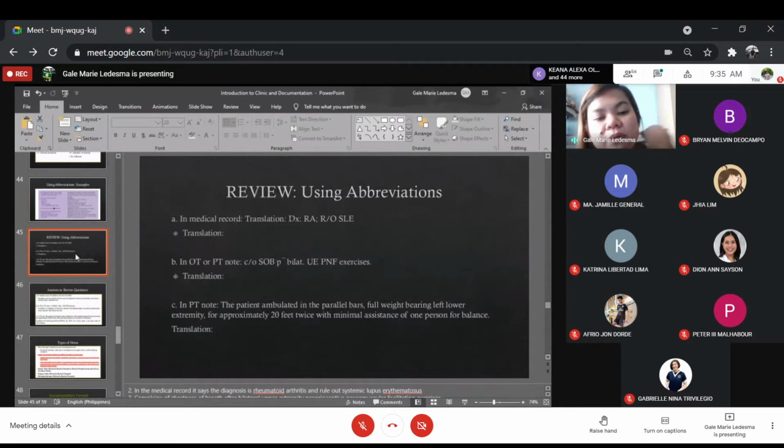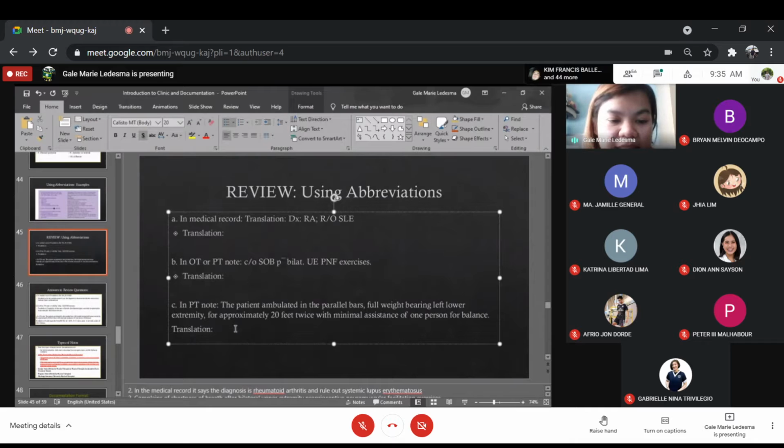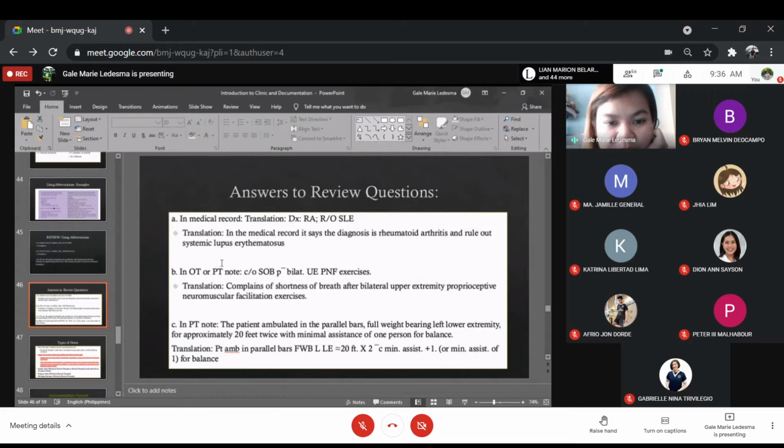So, for example, nag-input ako lang ng mga example. Okay, so how do you translate this one? And so, let's say the diagnosis, rheumatoid arthritis, rule out systemic lupus erythematosus.